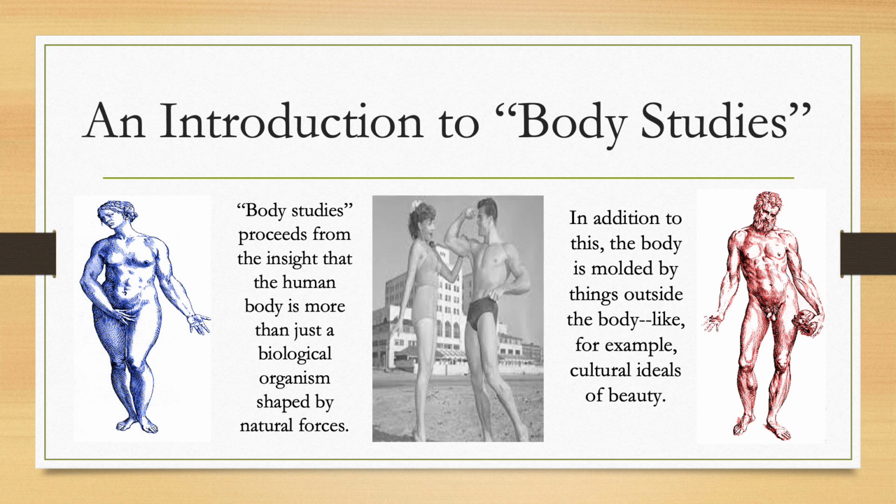In addition to this, our bodies are shaped by decisions that we make. For example, when we decorate ourselves with paint, makeup, or tattoos, we're modifying our bodies. When we exercise, change our diets, or wear certain kinds of clothing to alter our appearance, we're modifying our bodies.